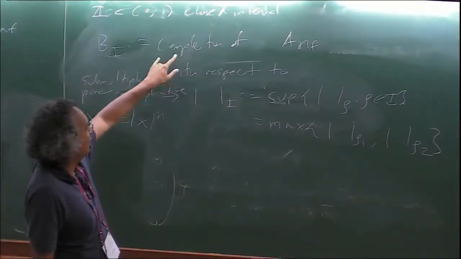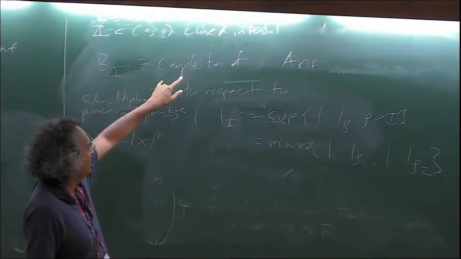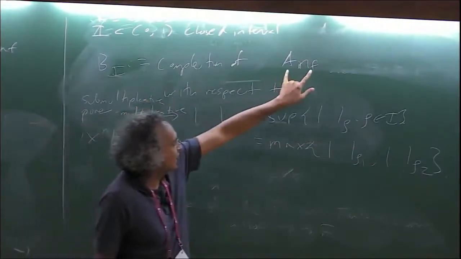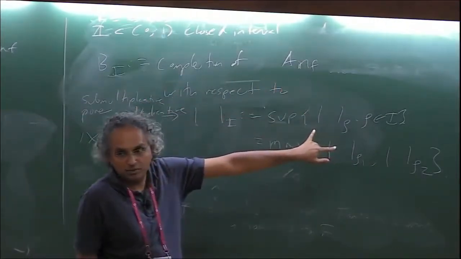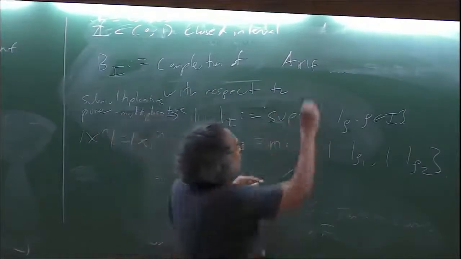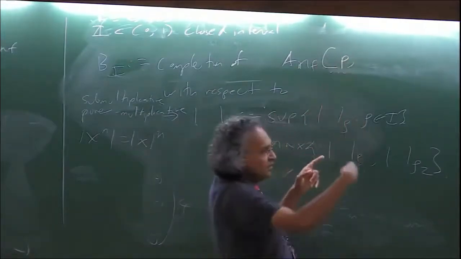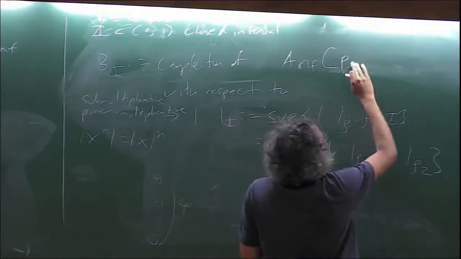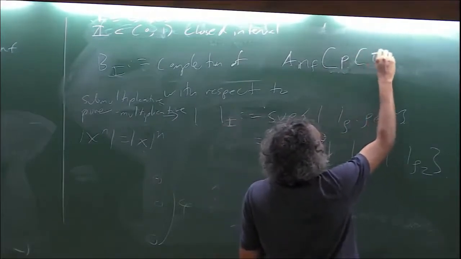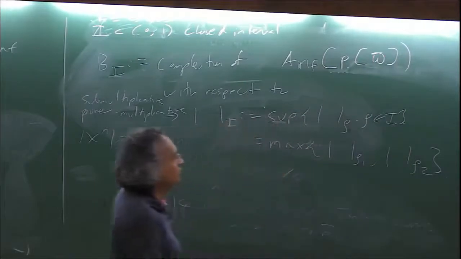Somehow right now what I've written on the board is not interesting, because A-inf is already complete with respect to this absolute value. But I'm going to make this interesting by inverting the things that are supposed to be invertible in Y_F, namely p and the Teichmuller of some pseudo-uniformizer.